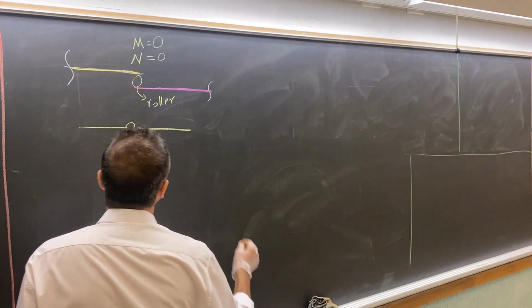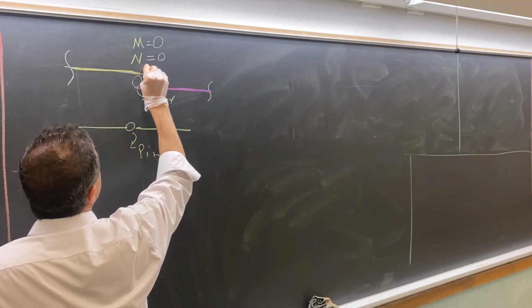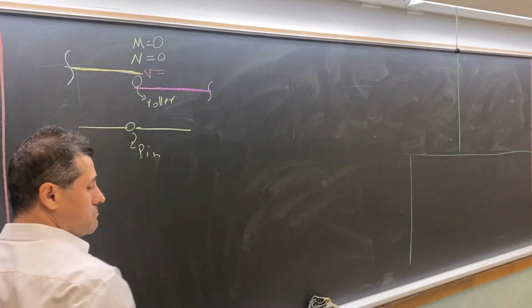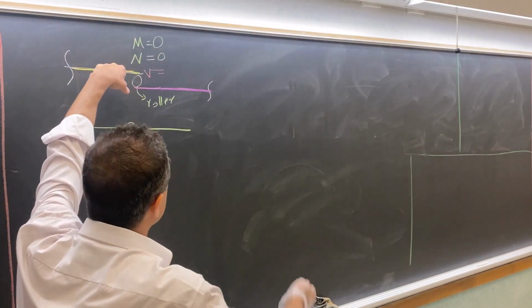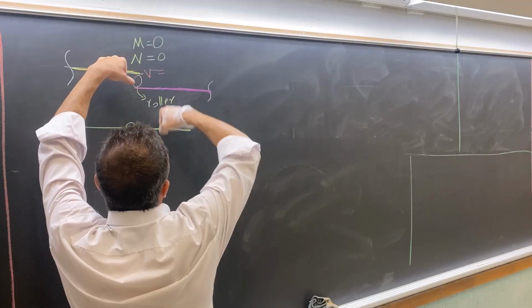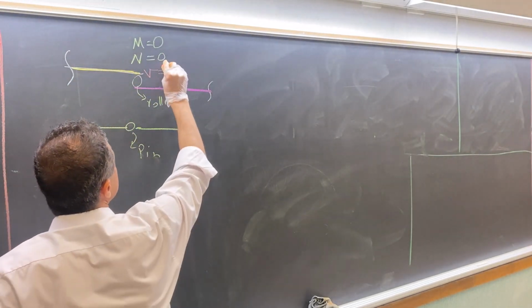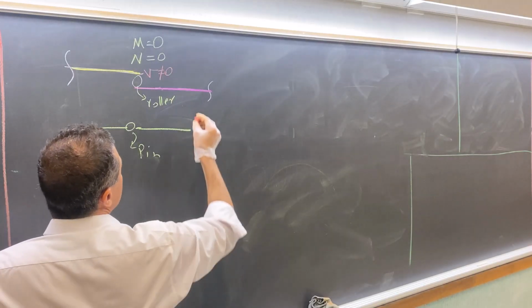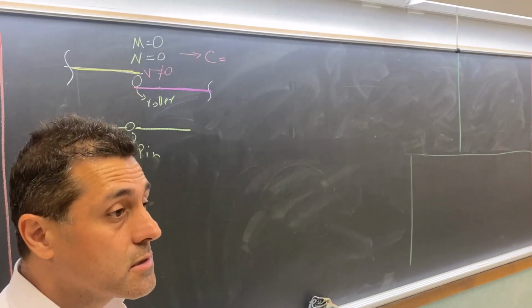What about shear force? Can I say shear force is 0? If I hold one piece of it, can I vertically move the other piece upward or downward? No. Okay, so shear force is not 0. So the number of condition equation here is 2.